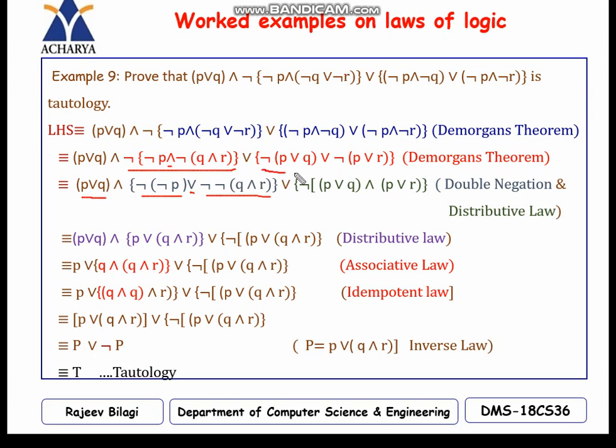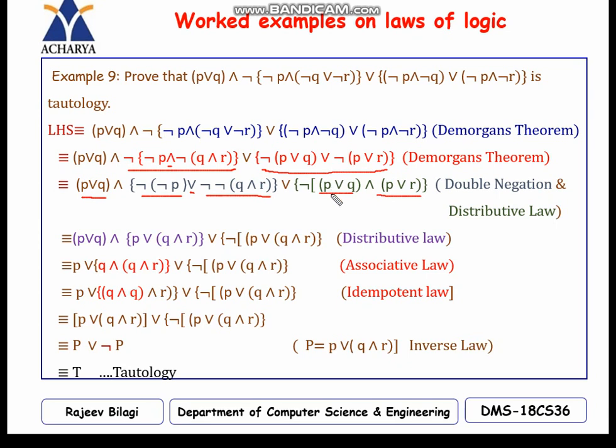Now here also this negation I will take outside. So that is negation of P or negation of Q becomes a negation of P and Q. So negation of this is P, say this is N. So I have applied the double negation operator here.